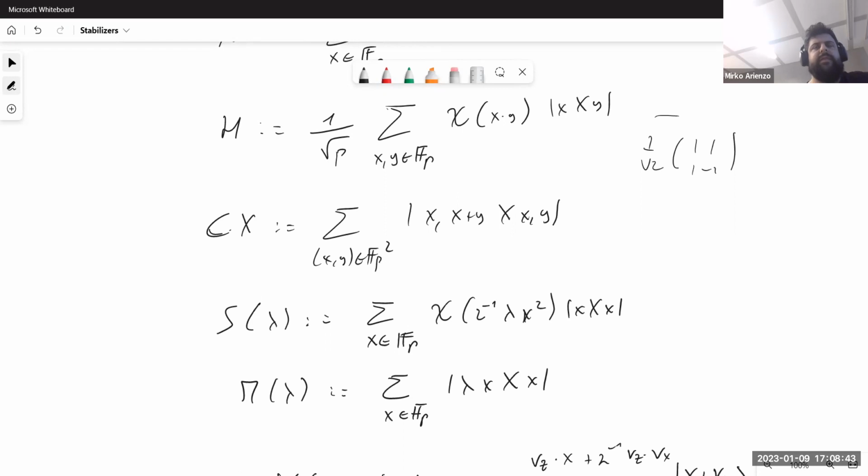The only difference would be in this S operator, because here you would have, let's say, it's kind of the same formally, but you have a character over Z4 of X squared. This is for qubits.